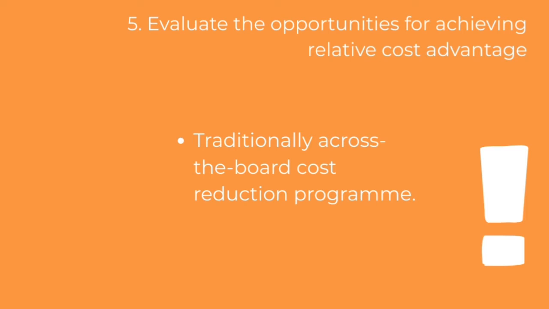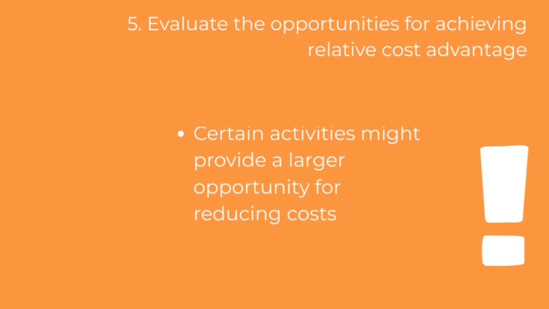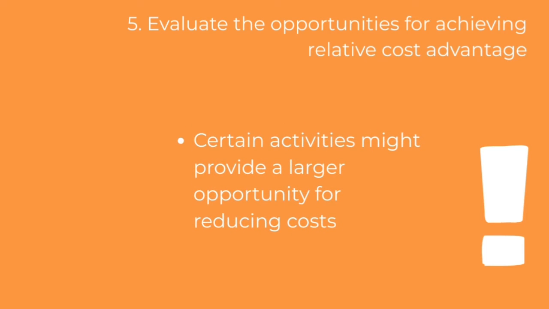Such an approach does not solve the actual problem, as the costs are not reduced strategically. Such an approach might lead to forceful reduction of cost in certain areas like marketing, which might impact the sales. Certain activities might provide larger opportunities for reducing costs, while other activities might require that costs are incurred at the current level or maybe even at higher levels.